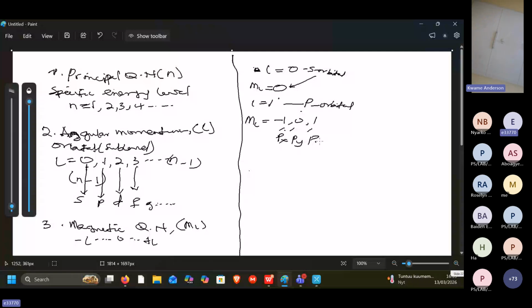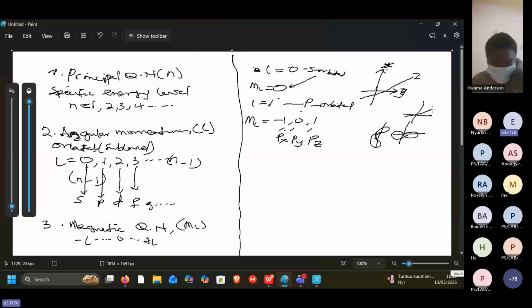So if this is x, this is y, and then this is z, we can have the 3 orientations: in the x orientation, in the y orientation, and in the z orientation.